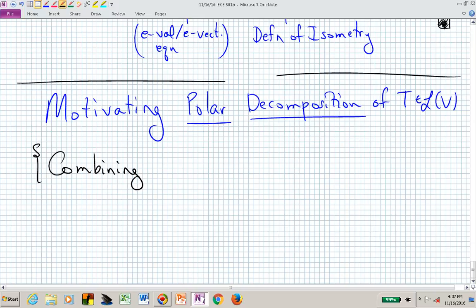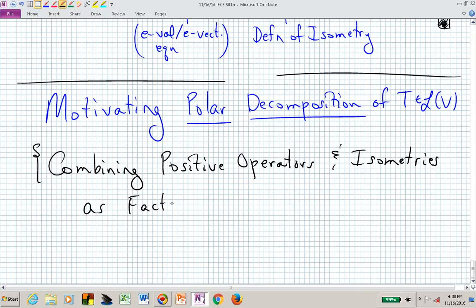We're combining positive operators and isometries as factors of T.